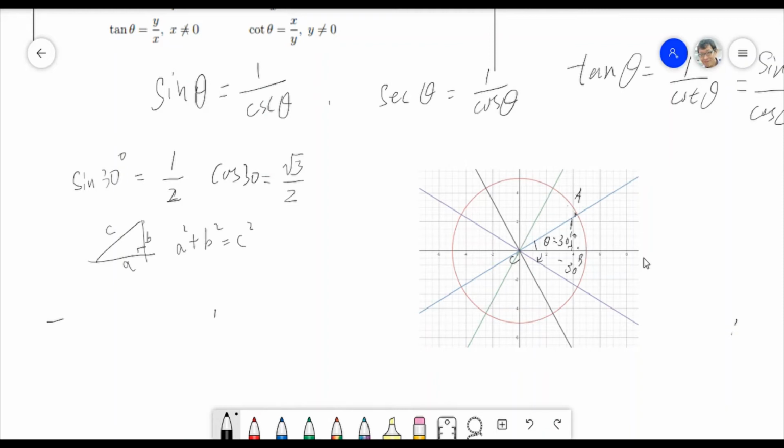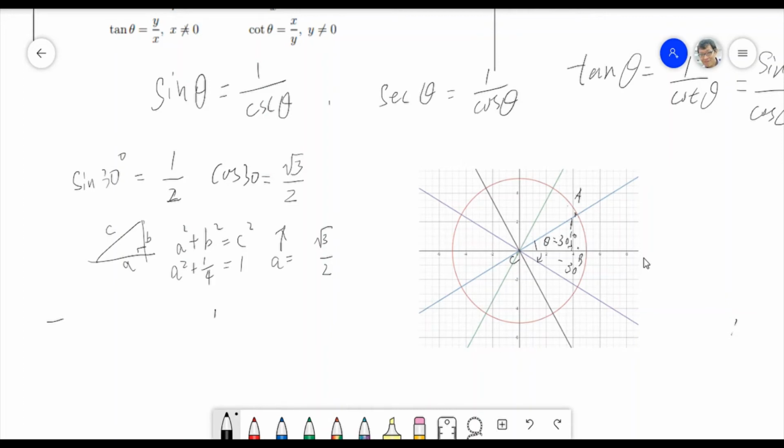So now C is R, right? R is 1. And B is 1/2. So A squared plus 1/4 equals 1, so A is equal to square root of 3 over 2. Right? Okay. So cosine 30 is square root of 3 over 2.